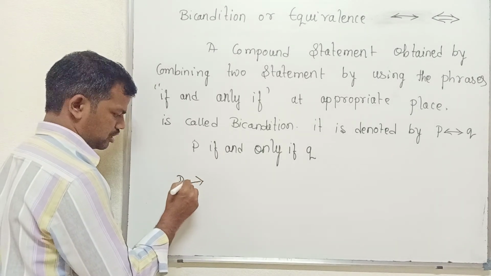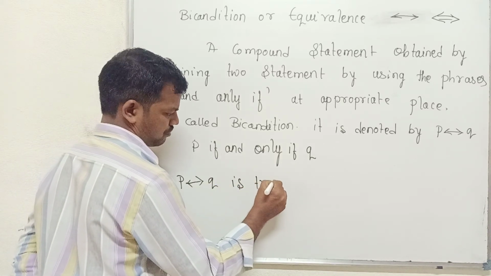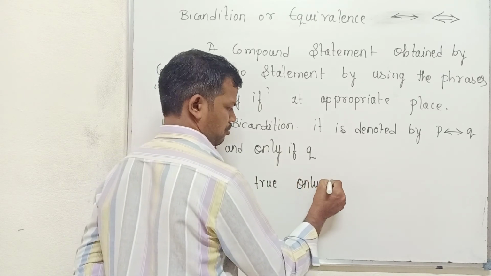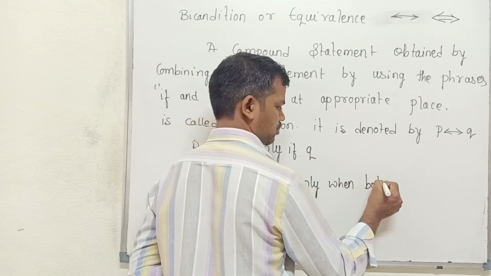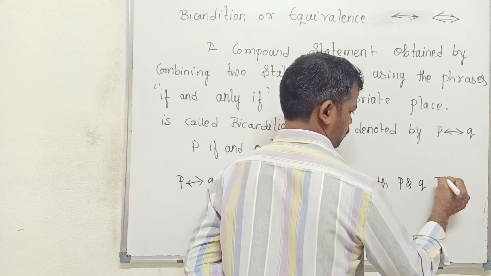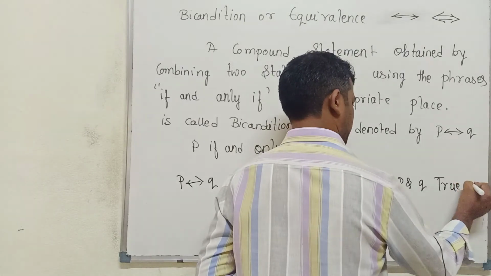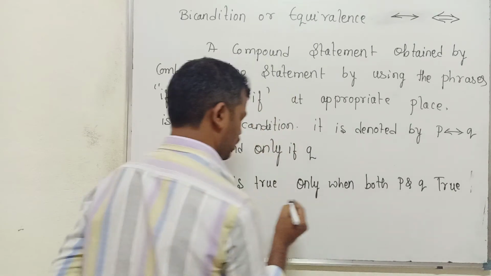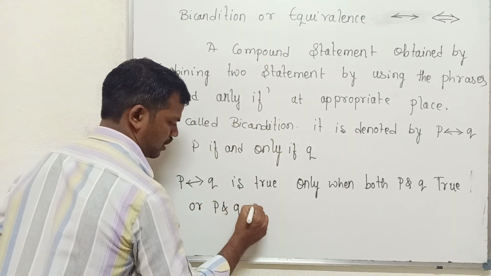P biconditional Q is true only when both P and Q are true, or both P and Q are false.